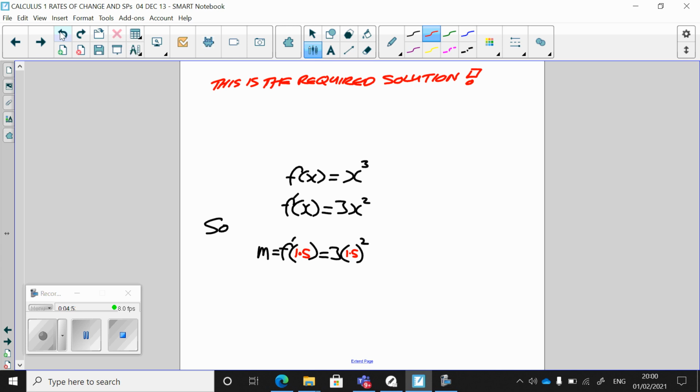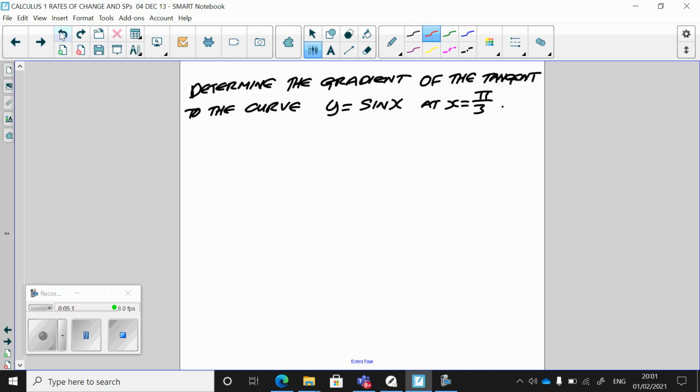You can type in 3 times 1.5 squared, or you can type 3 open bracket 1.5 close bracket power 2 equals, and it will give you 1.5 times 1.5 is 2.25, so 6.75, something like that. There you go. That's it, folks. That's the steepness of the line on the curve, or both. That is it.